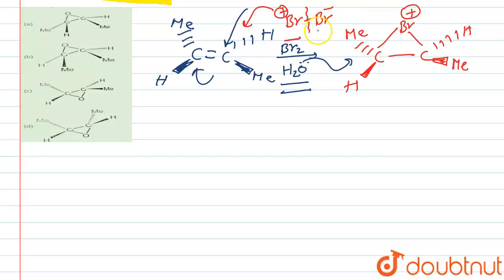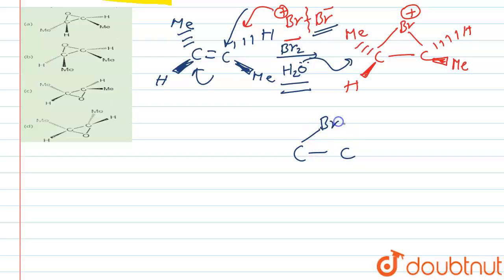Why is it attacking this side and not bromide? Because H2O travels faster to attack as compared to Br minus. Br minus does not attack here at this point, because in the presence of H2O, H2O reacts fastest.